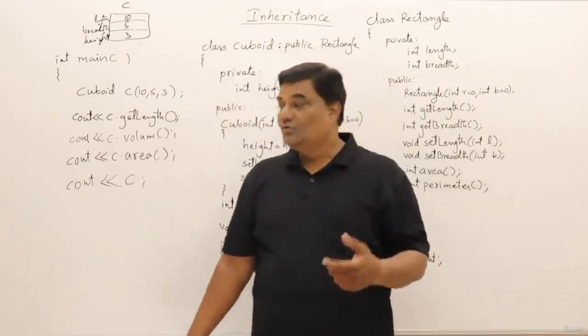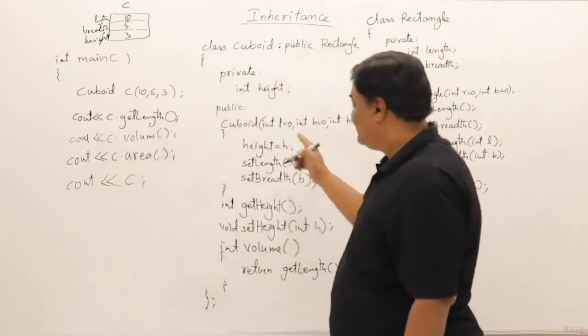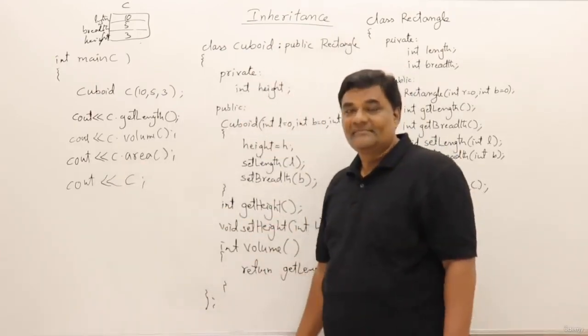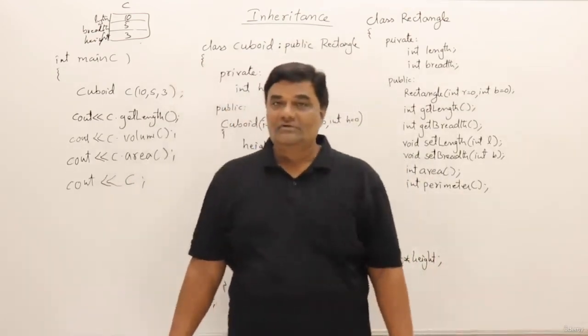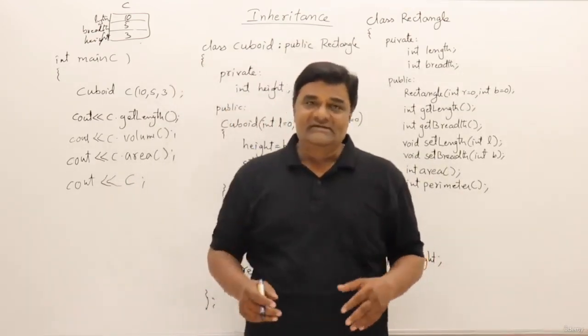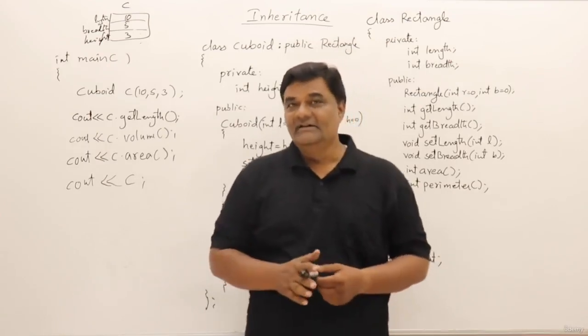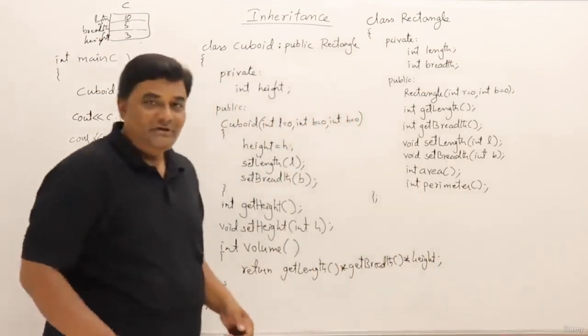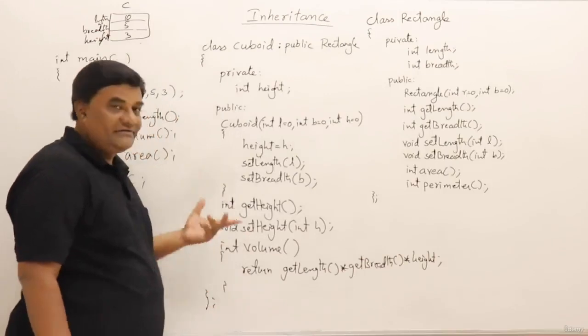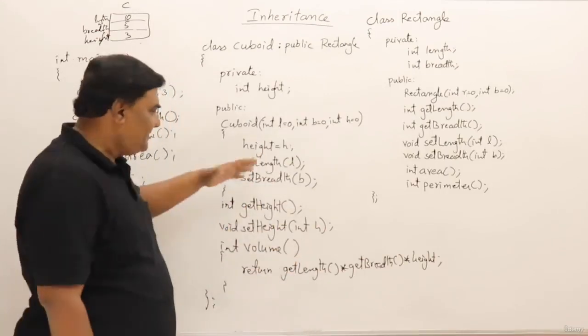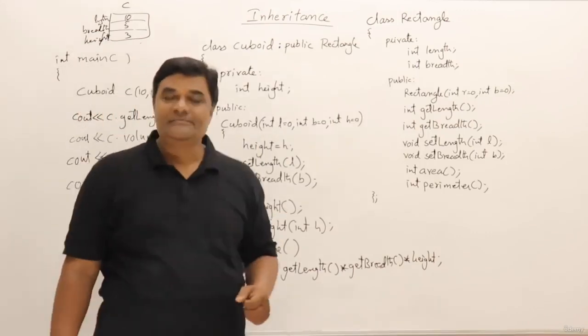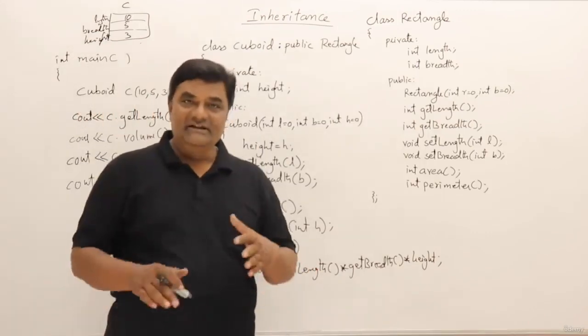Then I have to overload that operator inside this cuboid class. Right? So already we have learned what operator overloading is. I'll show you this practically, write a program and show you, and if possible I will add more methods inside the cuboid class. So we will implement all these methods and I will show you. So this is one of the examples of inheritance.